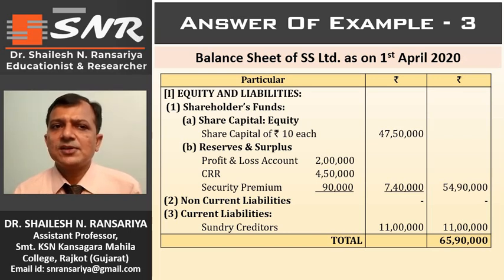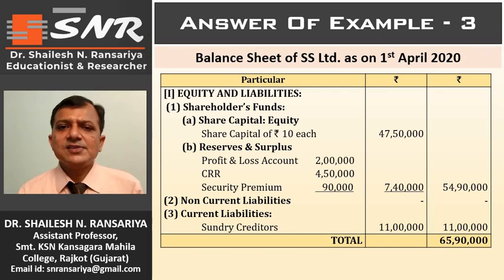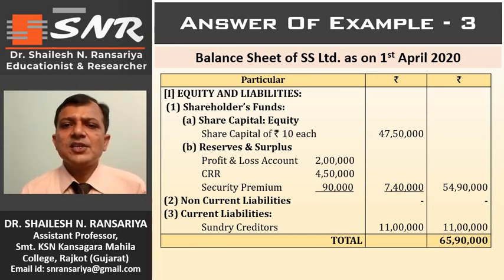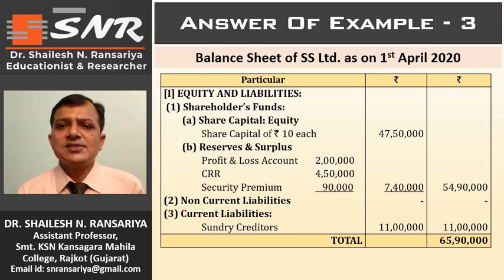reserves and surplus. So in the share capital, in the old balance sheet, two share capitals are given. First preference share capital, second equity share capital. RPS is redeemed by the company, so it is not presented in the new balance sheet. So directly equity share capital.